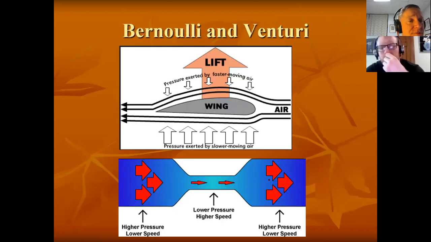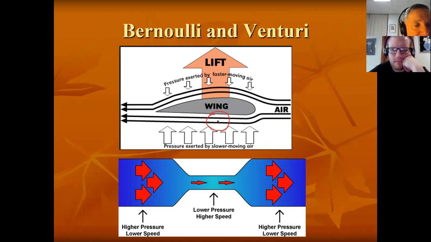Okay, this is the Bernoulli principle, and it applies in two ways. You're most familiar with it from wings, but you encounter it with Venturis also. So in the case of the wing, what happens is you have a velocity down here that is lower than the velocity up here. So if this velocity is lower, its kinetic energy is lower than this above the wing.